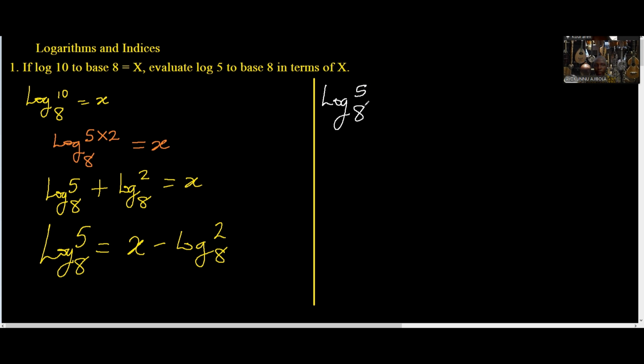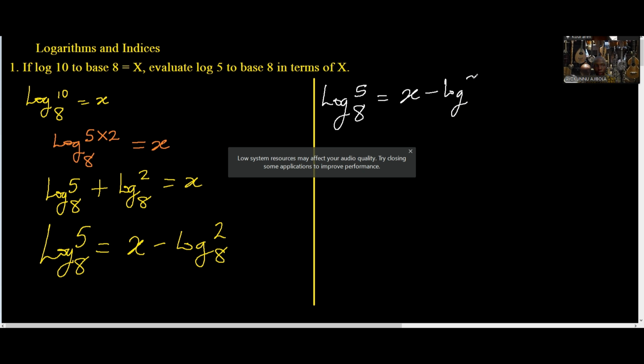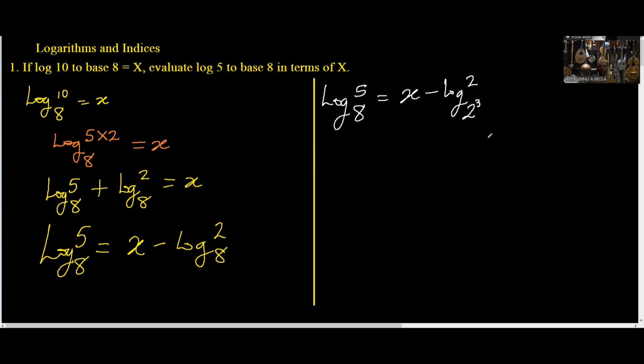So we can conclude and say log 5 base 8 that we're looking for equals x minus log 2 base 2 raised to power 3. Where did I get 2 raised to power 3 from? From 8, right?